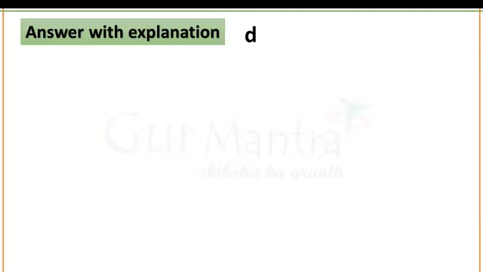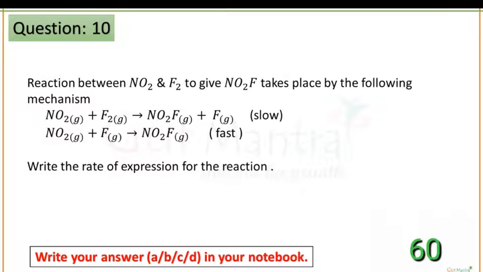Next question. The reaction between NO2 and F2 to give NO2F takes place by the following mechanism. Write the rate expression for this reaction. Okay, please do this question quickly.